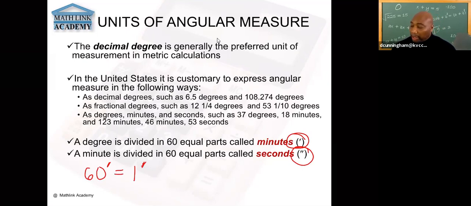So seconds will have the 2 primes. Now, 60 minutes, with 1 dash, equals 1 degree. So the key number is always 60. When you deal with angular measures or degrees, you want to make sure that you remember the key number, which is 60. 60 seconds equals 1 minute, and 60 minutes equals 1 degree.